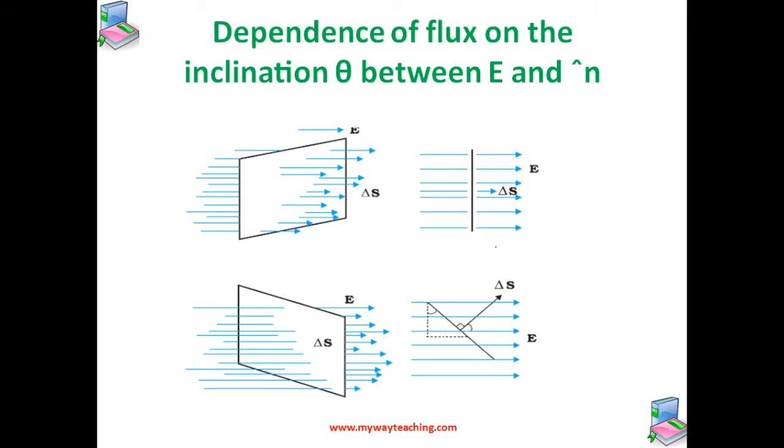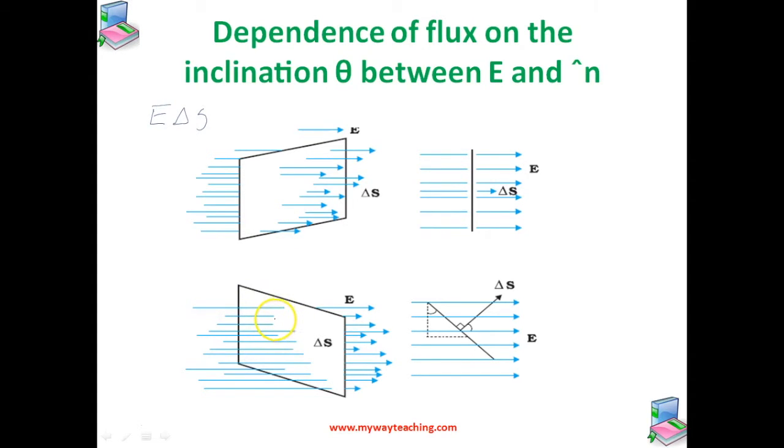We place a small planar element of area delta S normal to E at a point. As you can see, this is a planar element of area delta S and this is E, placed normal to E at a point. The number of field lines crossing it is proportional to E delta S. Now suppose we tilt the area element by an angle theta, as you can see in this figure.